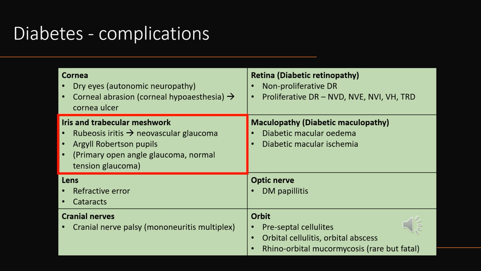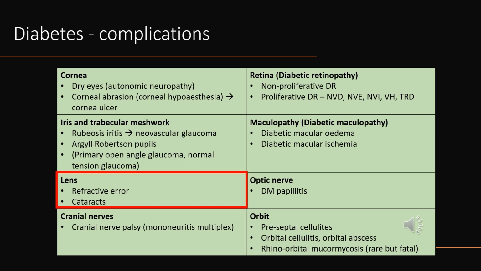As the name implies, it means a red and inflamed iris. They could block the aqueous drainage system, leading to elevated intraocular pressure and neovascular glaucoma, and it's very difficult to treat. Patients may also develop Argyll Robertson pupils, which is rare. Even without neovascularization, diabetic patients have a higher risk of developing primary open-angle glaucoma and normal tension glaucoma.